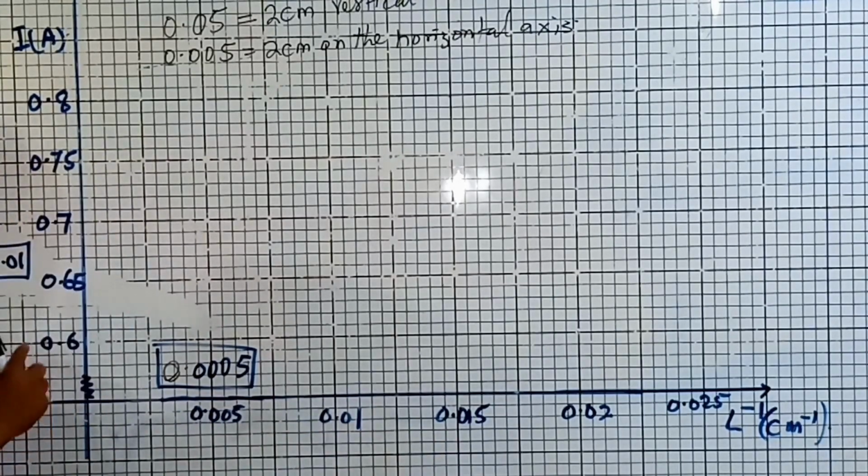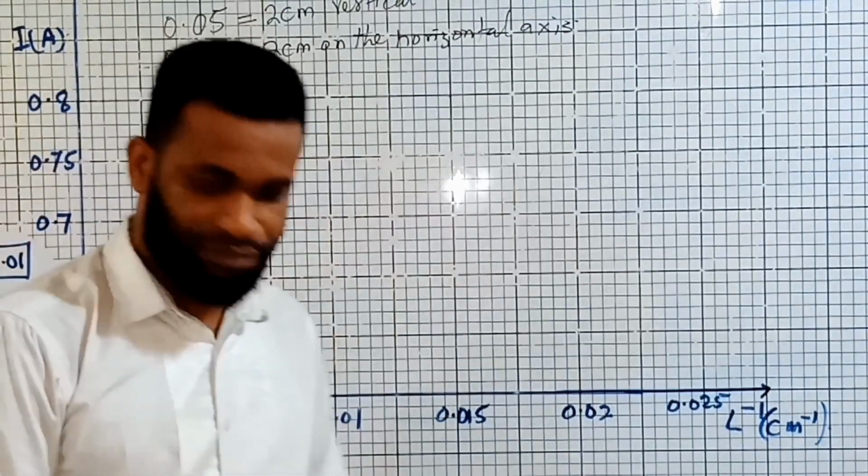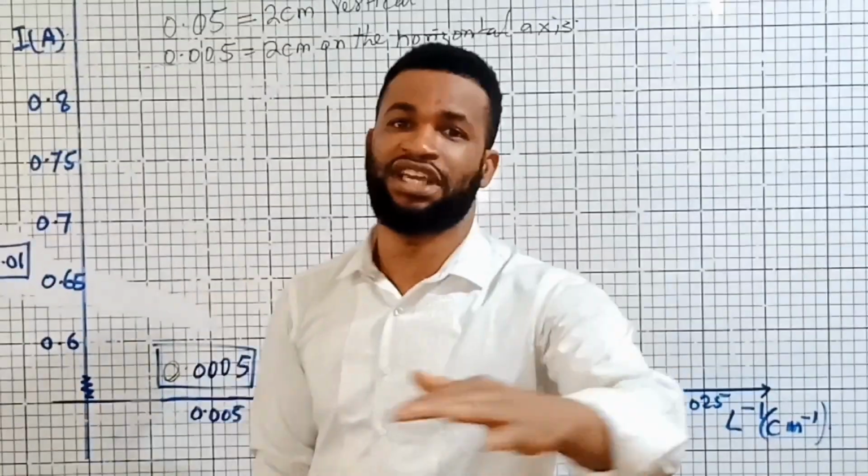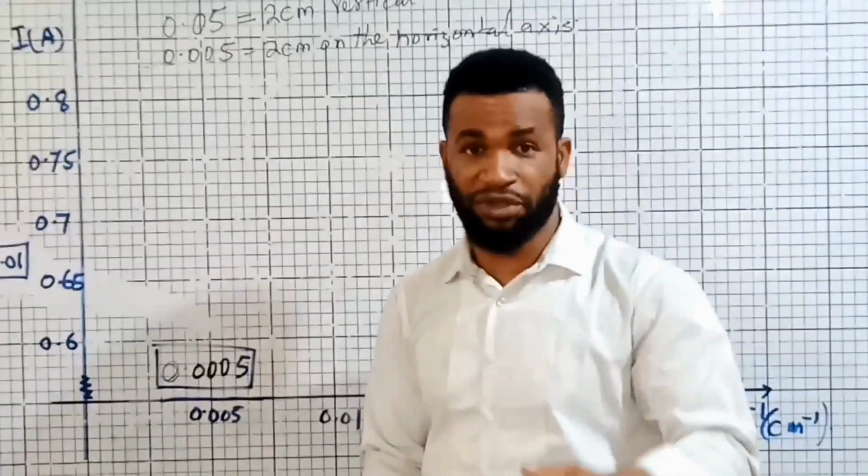Coming to the vertical axis, 0.01 times 5 gives you 0.05, and that is what from here to here represents. Are you sure you understand? If you still don't understand, make a comment below and I'm going to respond to you.